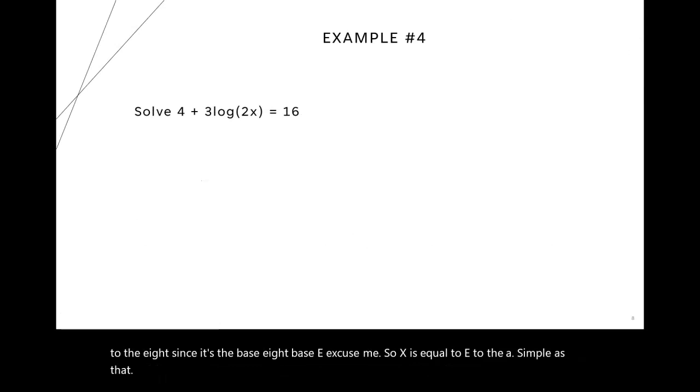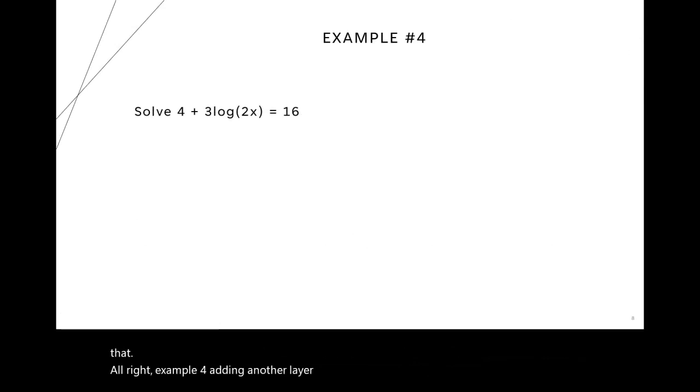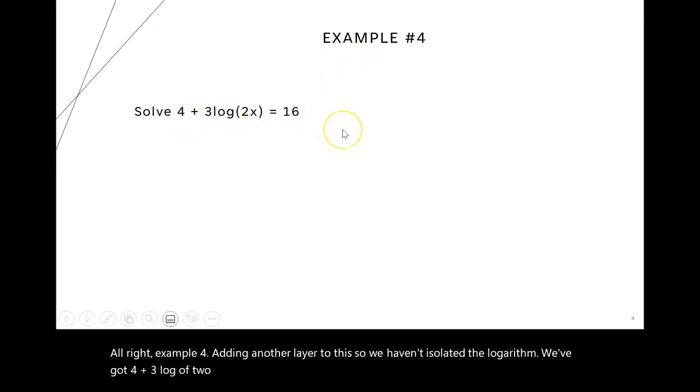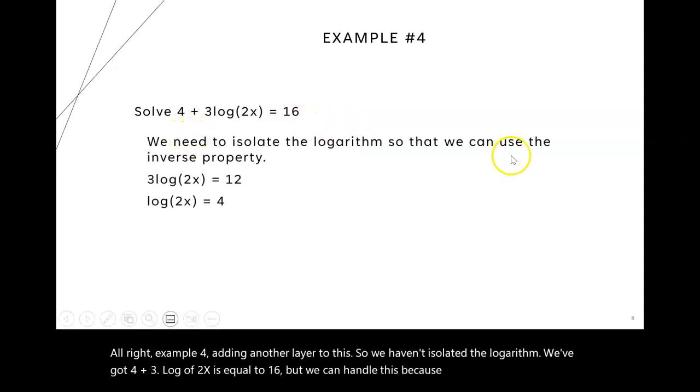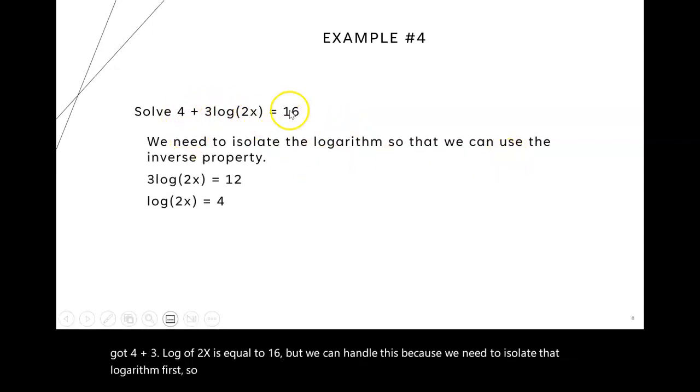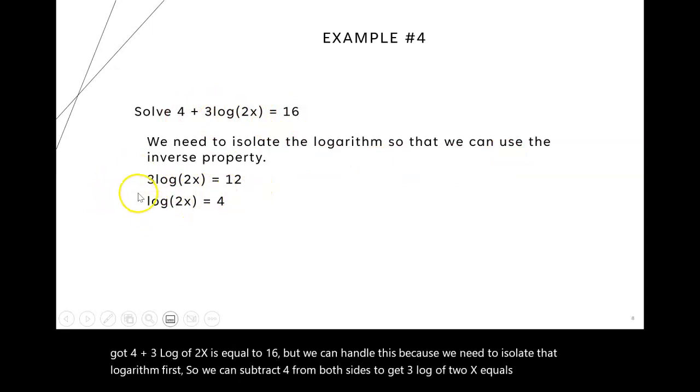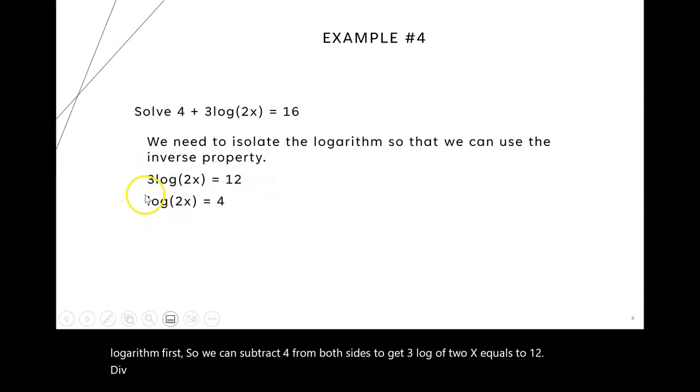All right, example 4, adding another layer to this. So we haven't isolated the logarithm. We've got 4 plus 3 log of 2x is equal to 16. But we can handle this because we need to isolate that logarithm first. So we can subtract 4 from both sides to get 3 log of 2x equals 12. Dividing by 3 gets the logarithm all by itself, so that log of 2x is equal to 4.